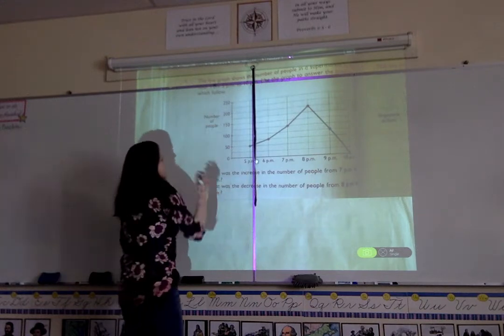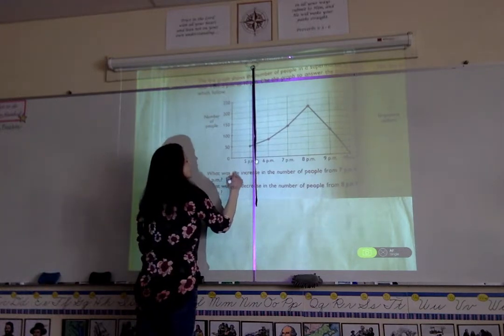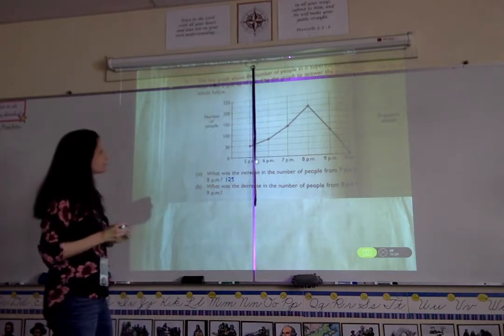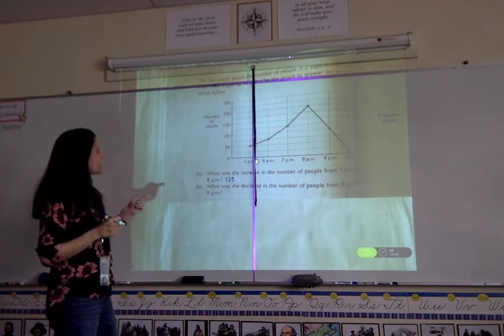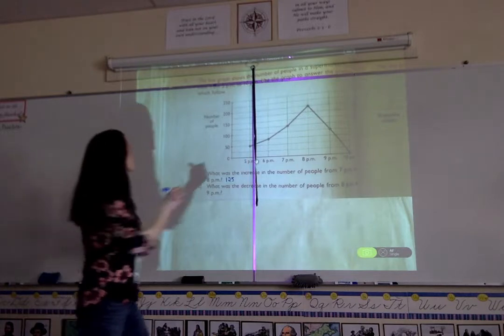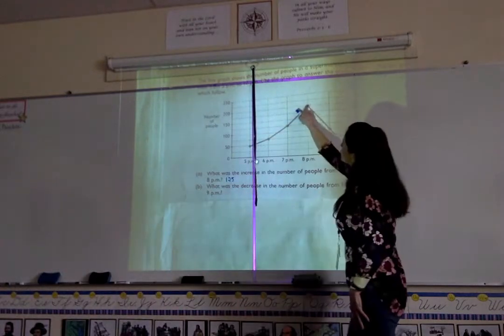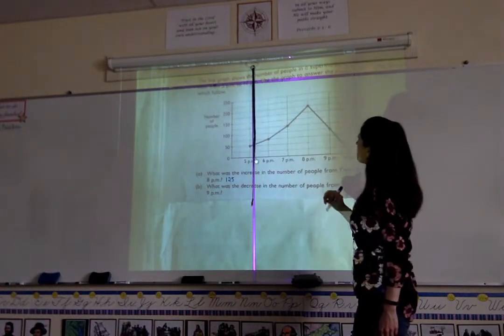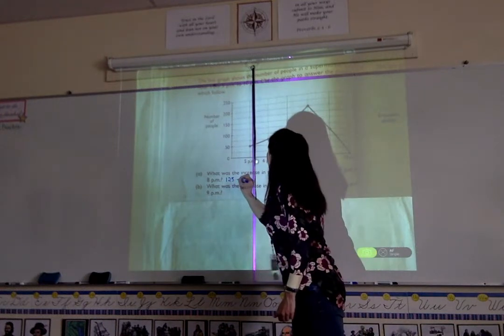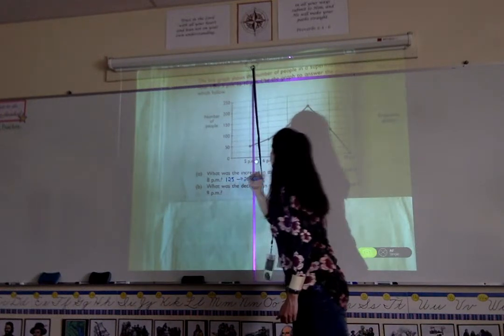I'm just going to write that down. There were 125 people at 7 p.m. And then at 8 p.m., the number jumped up, you can see, to 200 people. So it went from 125 to 200 people.